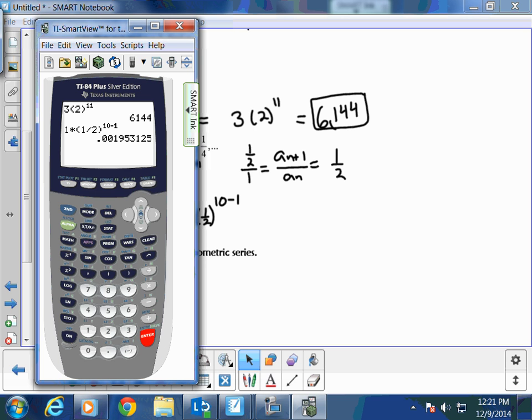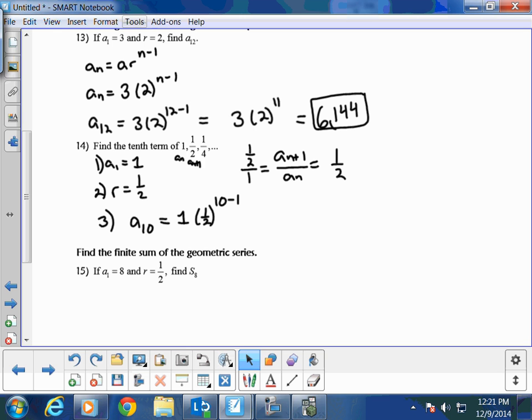And our answer, well, let's see what that's going to be in a fraction. If I math frac that, it's 1 over 512. So that's what the 10th term of this will look like.